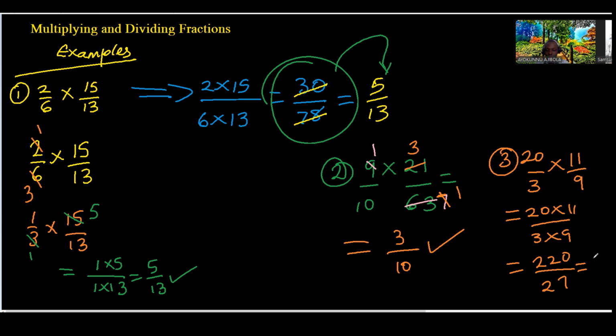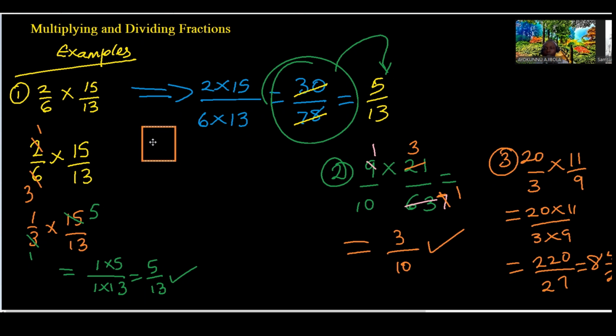Something close to 8. If I multiply 27 by 8, I have 216. If I remove 216 from 220, I have a remainder of 4, so 4 over 27. That's 8 whole number, 4 over 27. So let me explain all over, okay?